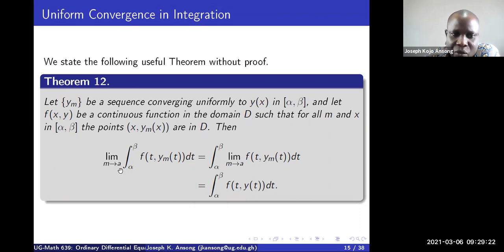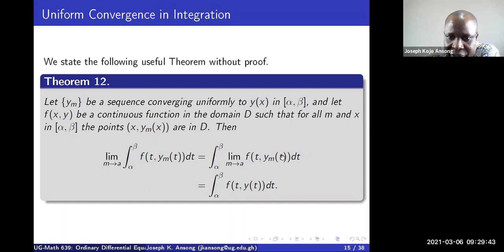The limit as m goes to infinity of this integral here is equal to, in other words, I can take this limit inside this integral, as long as this function f here is continuous, and this sequence of functions here are converging uniformly to another function. So if that holds, I can take this limit inside here, and that gives me this.